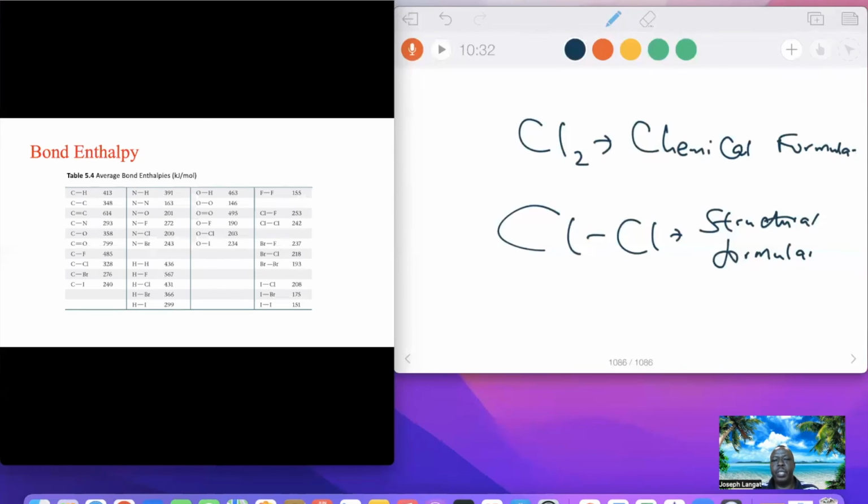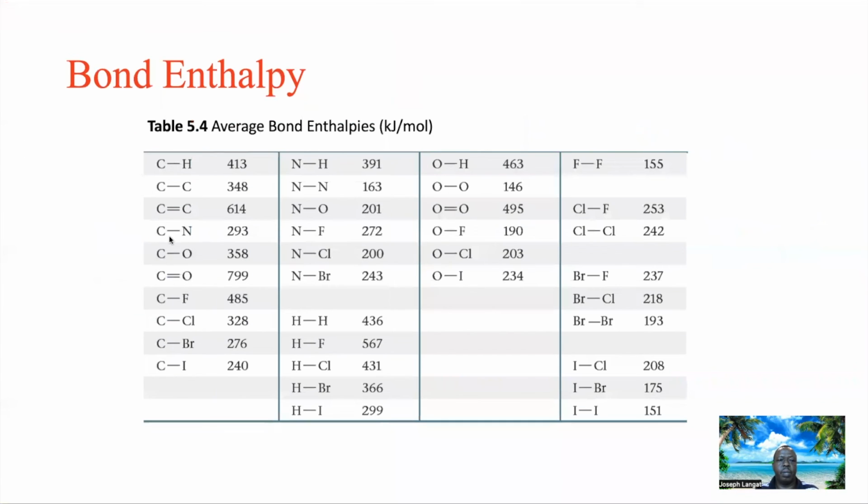How you read this table is that it requires 413 kilojoules per mole. That means if we have 1 mole of the CH bond, this is how much we will need to break that bond. To break a carbon to carbon bond, 348 kilojoules per mole, which means we have to have an Avogadro number of carbon to carbon bonds.